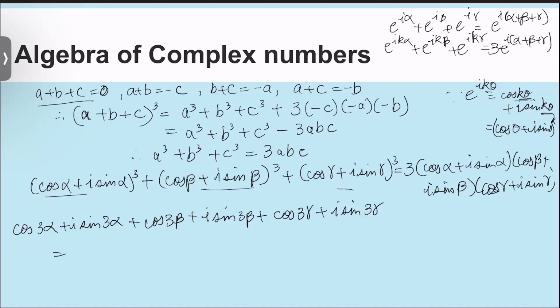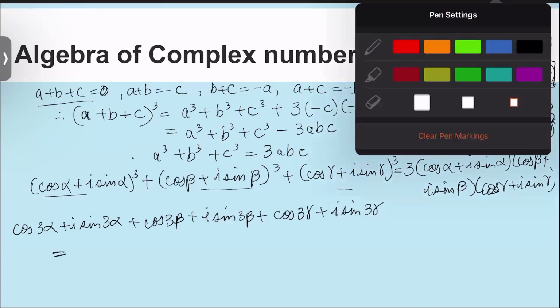Now, if you write the exponential in trigonometric terms, you can write this as 3 cos (alpha plus beta plus gamma) plus i sin (alpha plus beta plus gamma). Okay, so I will just make a star sign over here.